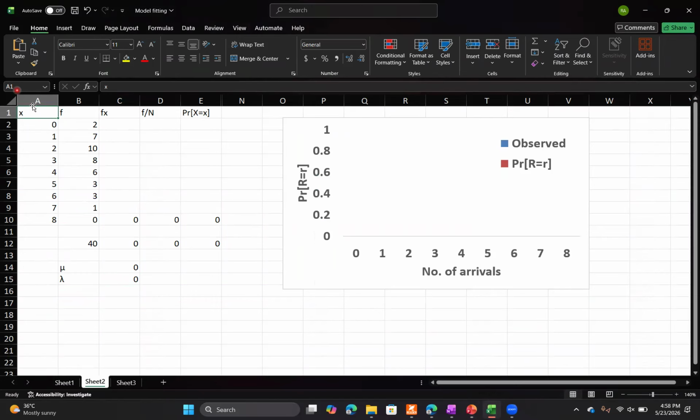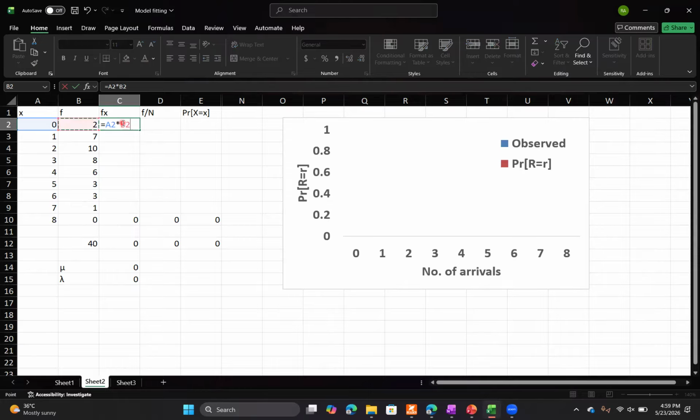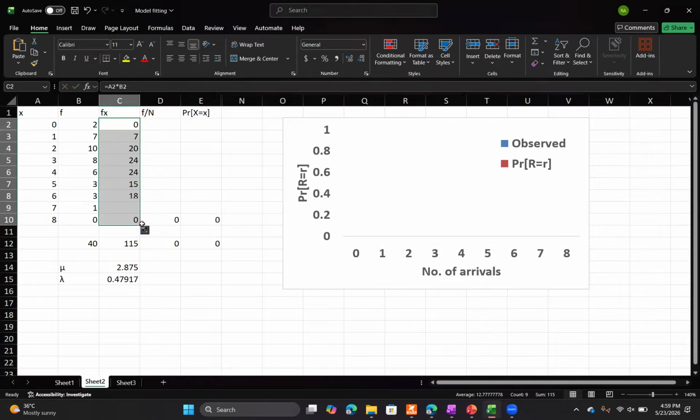Here is the variable Ri, here is the R variable, and the frequency F. I can calculate very quickly that this is equal to R times the F value, and this needs to be calculated for all the R values.